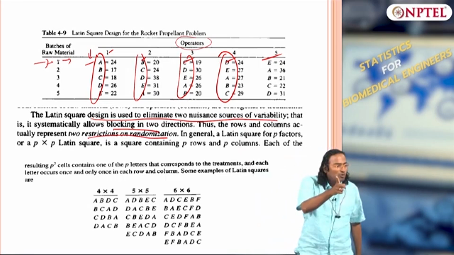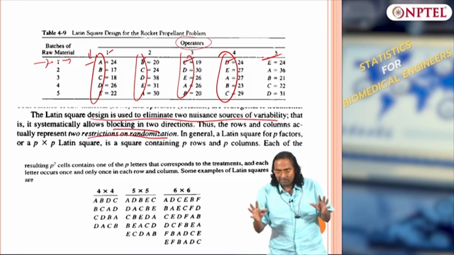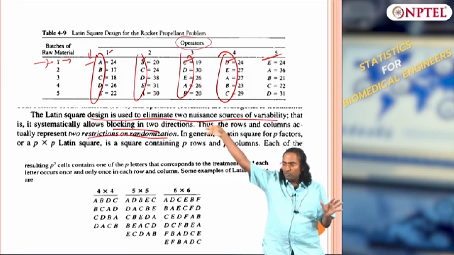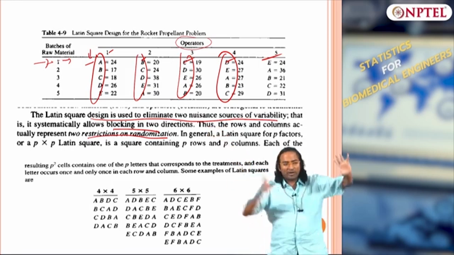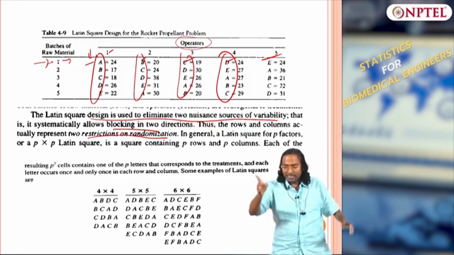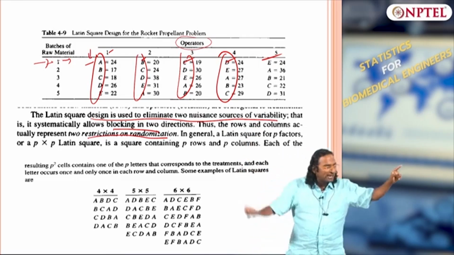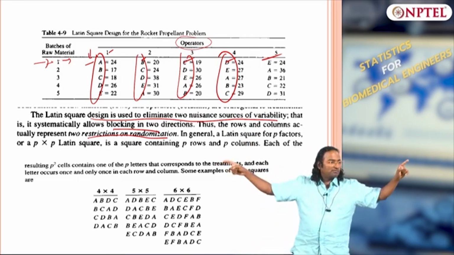All batches have used all treatment levels. Here A, B, C, D are my treatment levels, operators are one nuisance factor, and batches are another nuisance factor. So each operator gets to work with all treatment levels, and each batch has all treatment levels, in the same numbers.